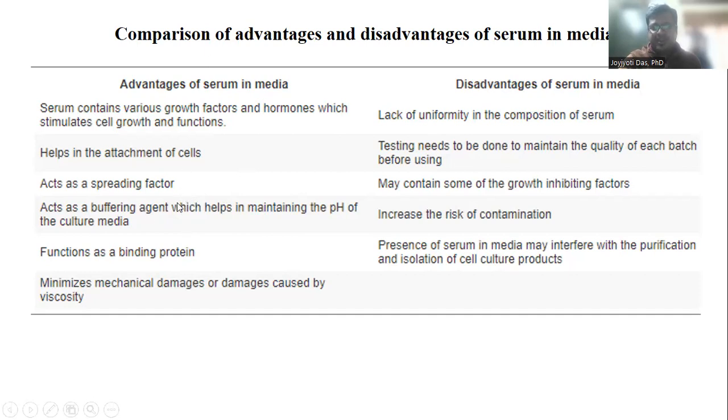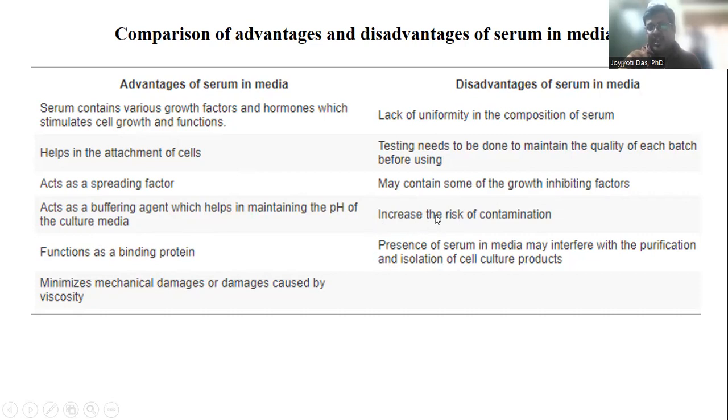Serum acts as a spreading factor. It acts as a buffering agent, which helps in maintaining the pH of culture media. It functions as a binding protein and minimizes mechanical damage or damage caused by viscosity. But then it may contain some growth inhibiting factors as well, and it may increase the risk of contamination because it's a highly nutritive source and it may attract microorganisms.